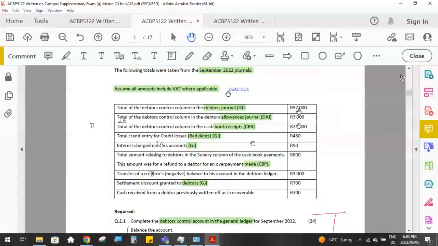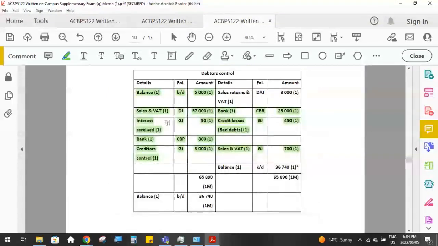And then correctly record it on the correct side of the account, also with the correct reference in the folio column and with the correct general ledger account name that would be taking the other side of the entry.